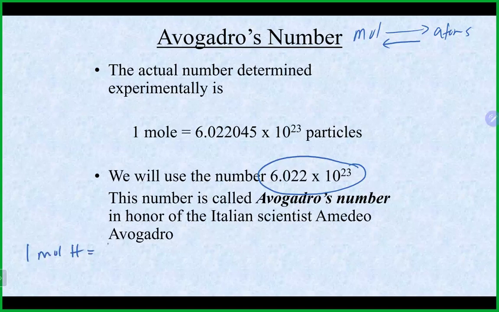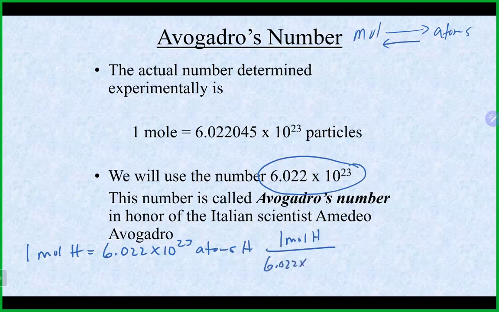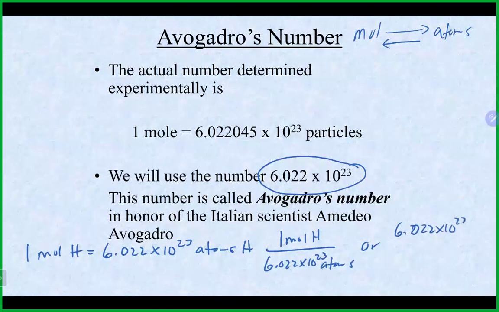It would be 6.022 times 10 to the 23 atoms of hydrogen. This will give me 2 conversion factors that I could use in a problem, which is 1 mole of hydrogen over 6.022 times 10 to the 23 atoms. Or you could flip it around, 6.022 times 10 to the 23 atoms over 1 mole of hydrogen.